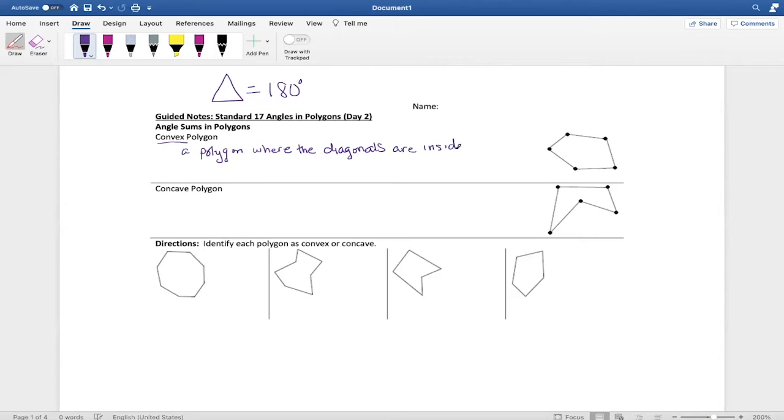So that means from every vertex, if I draw across diagonally to another vertex, they are always inside the polygon. And a concave polygon is a polygon where our diagonals would be on the outside. And it could be one or more.